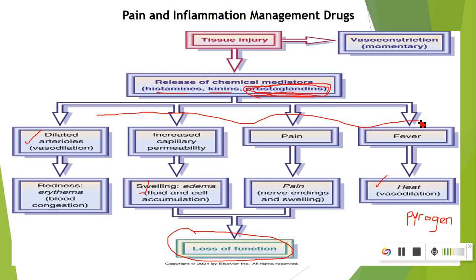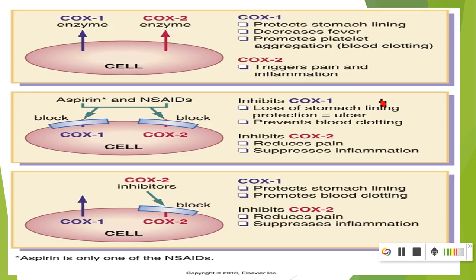Okay, so first we need to find out who is synthesizing prostaglandins, and that's why we are talking about cyclooxygenase. So again, cyclooxygenase is an enzyme that converts arachidonic acid into prostaglandin. So before we inhibit this enzyme, we need to understand first the enzyme itself, right? Where is it found? What is its normal function?